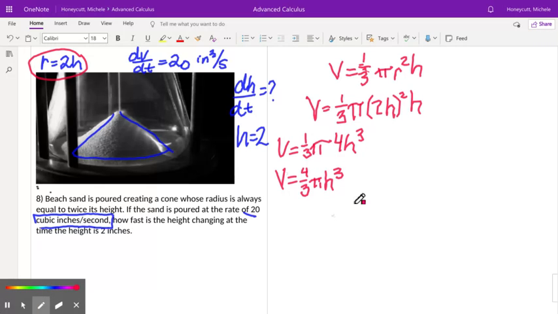Now that I have everything substituted and simplified as much as possible, I'm going to find a derivative. So dV/dt equals 3 times 4/3 would be 4 pi h squared dH/dt.